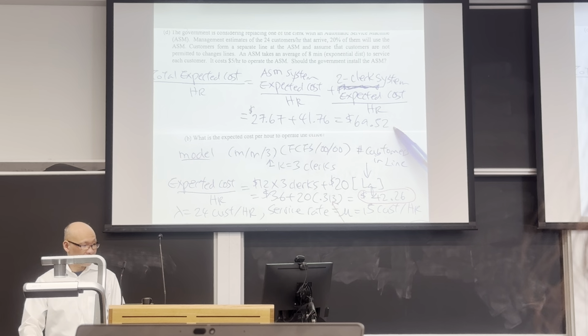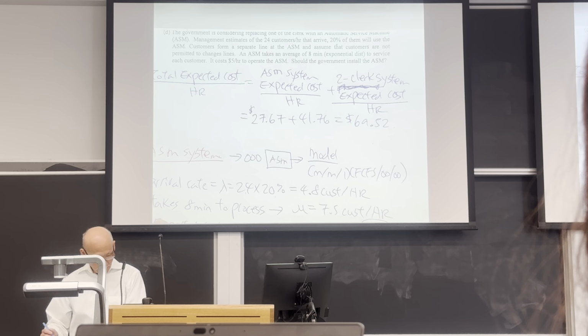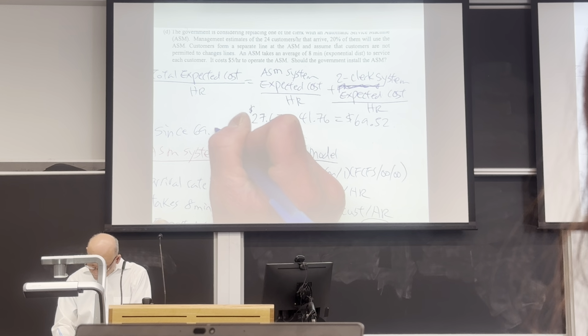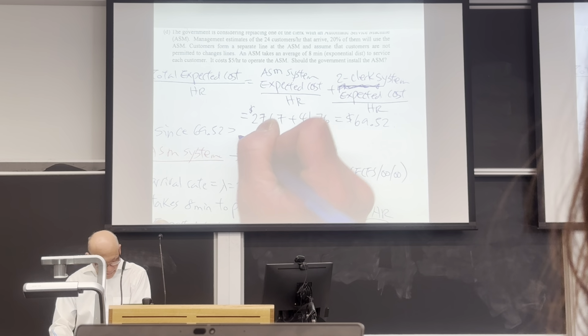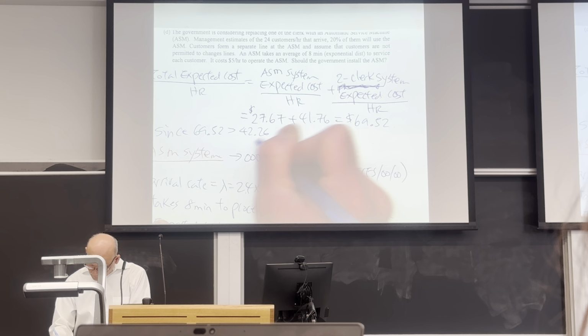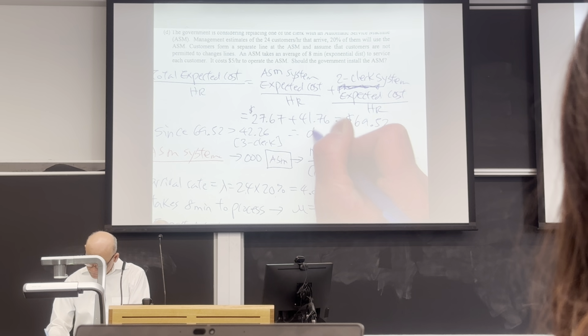So this 69 is definitely a lot more money than the 42.26, and so we should not install the ASM. So since 69.52 is greater than the 42.26, and this was the 3 clerk, therefore don't get ASM.